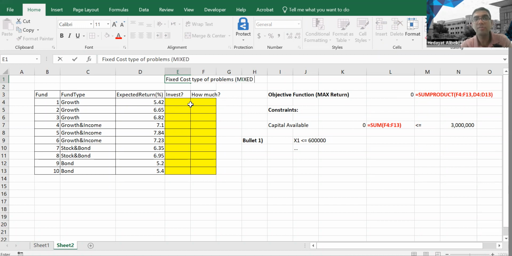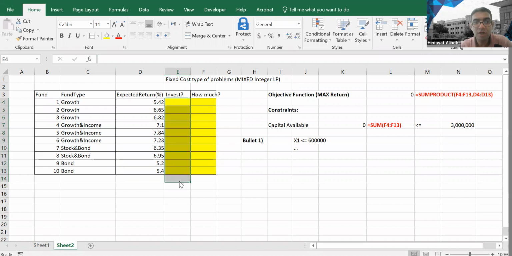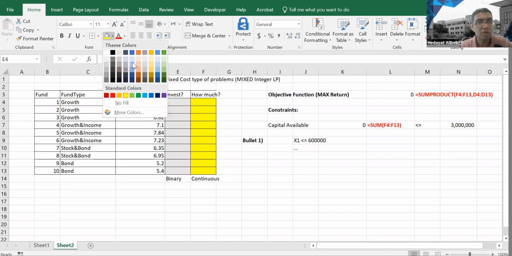These are considered mixed integer LP. Why are they mixed? Because here you got a set of binary decisions. Here you got a set of continuous decision variables. Binary, let me just maybe change the color.